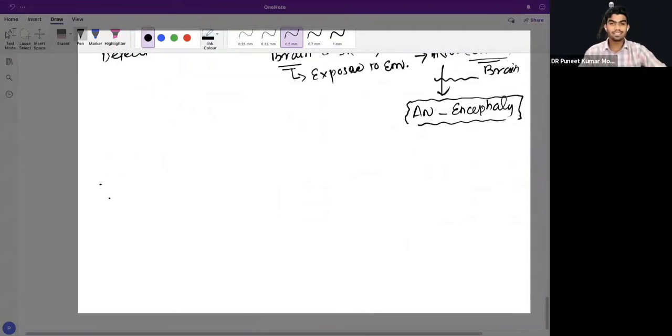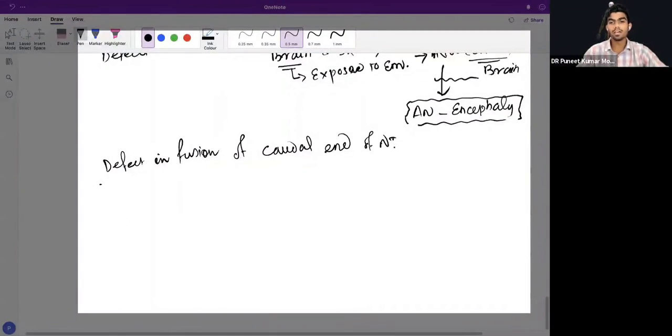Okay. A similar situation, if it occurs in the caudal end, if there is a defect in fusion of the caudal end of the neural tube along with the vertebral column, then it develops into rachischisis.